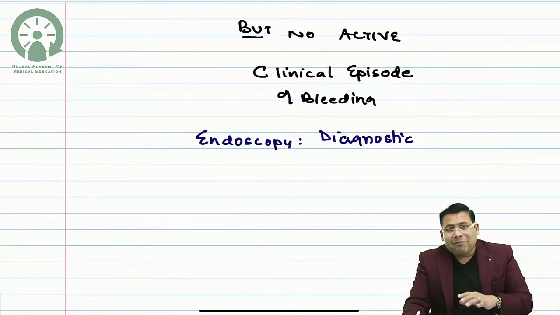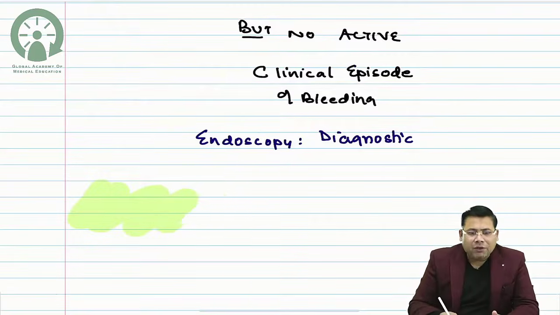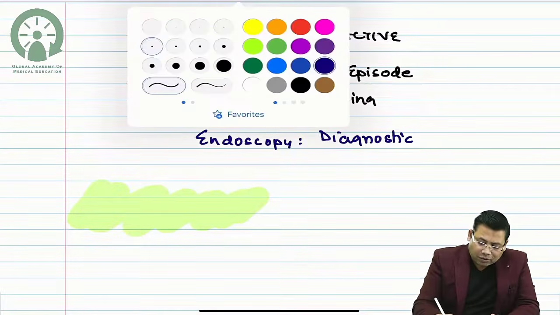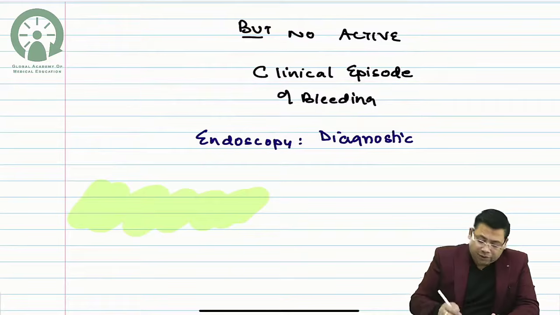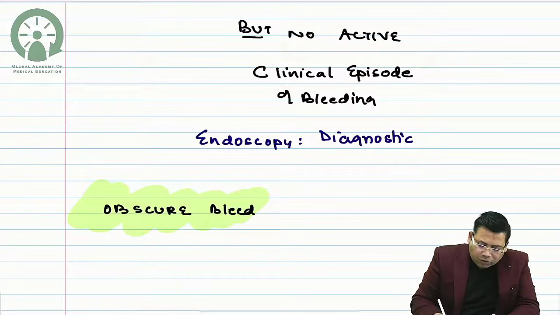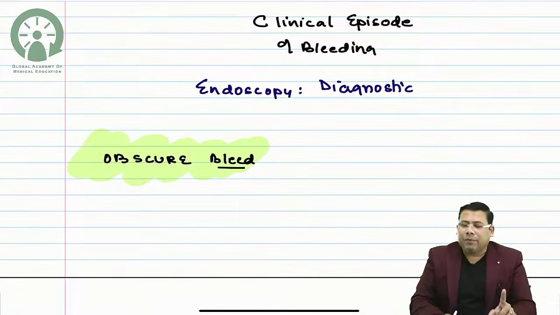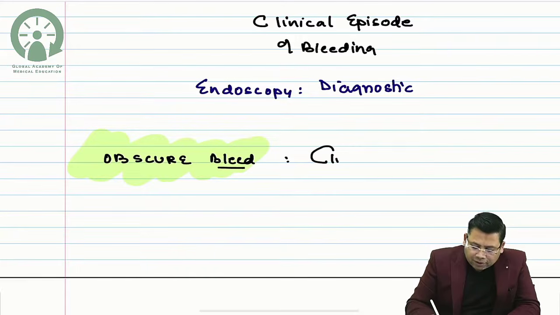Now there's one more term, obscure bleed. Many of us actually interchange and use the words obscure and occult. Try to understand that these are two different words. What was occult bleed? Endoscopy detected the thing, but clinical episodes were missing.